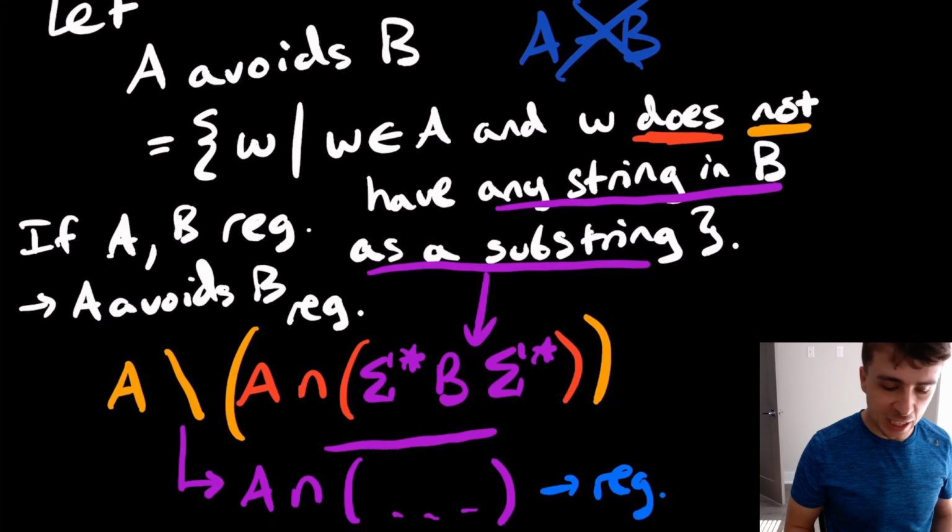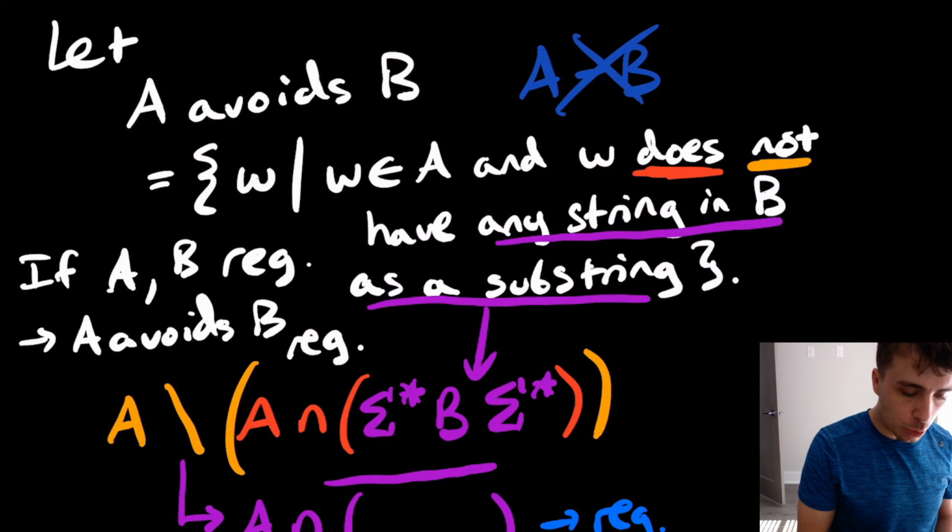We're going to do an example now of showing that A avoids B is regular, where A and B are regular.